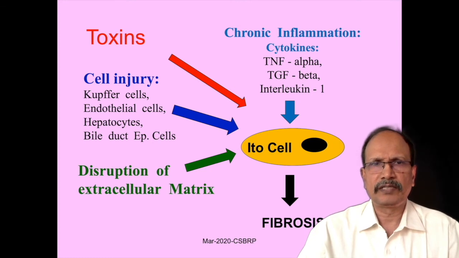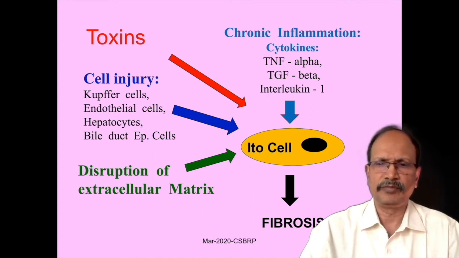Ultimately, these irritants, chronic inflammation, toxins, liver injury, and also this disruption of the extracellular matrix, produce what is known as excessive fibrosis secondary to irritation of the Ito cell.